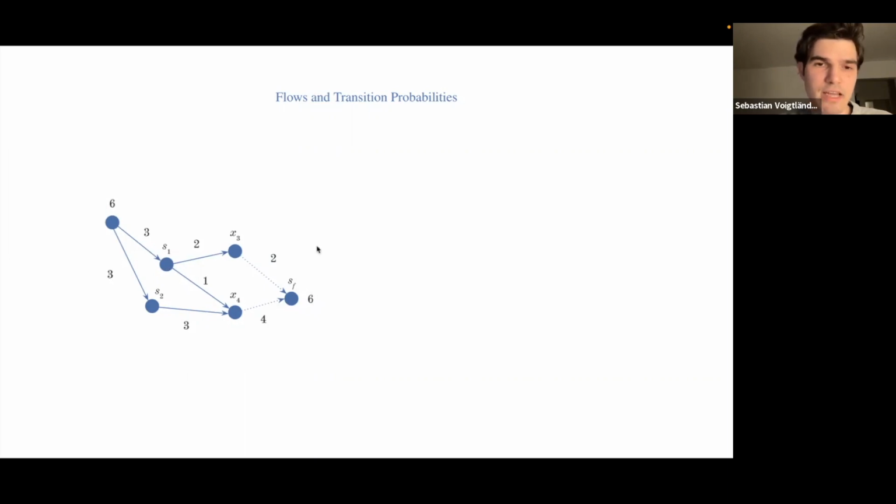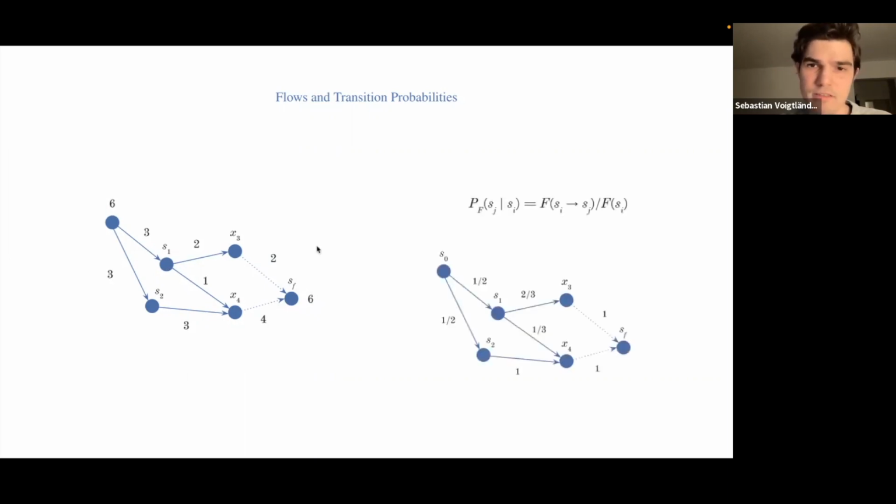And from this, you can calculate the forward probabilities. And you can already see now that the probabilities from each node to each of the child nodes have to sum up to 1. And the same for the backward probability. But the analogy to statistical physics and to reversibility breaks down because you can see that the probability is not conserved across the nodes, but the flow is.